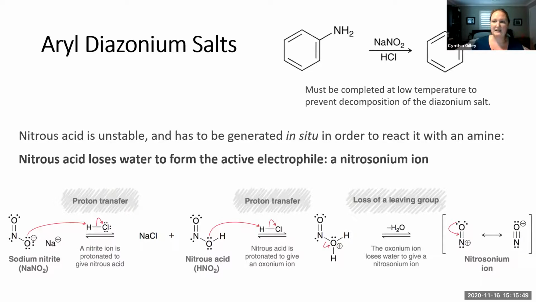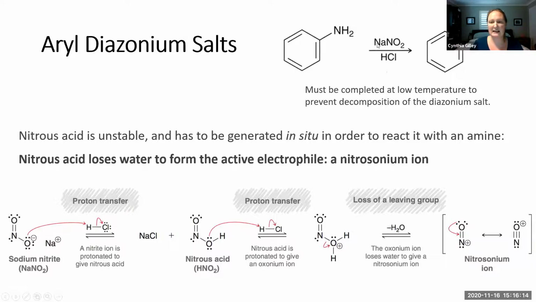The active electrophile that reacts with the NH2 group in the aniline is what's called a nitrosonium ion. Nitrosonium ions are prepared in situ and then are reacted with amines such as aniline to form the diazonium salt. So the nitrosonium ion is formed from the reaction of sodium nitrite and HCl.